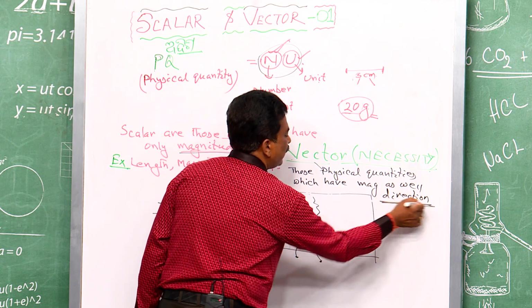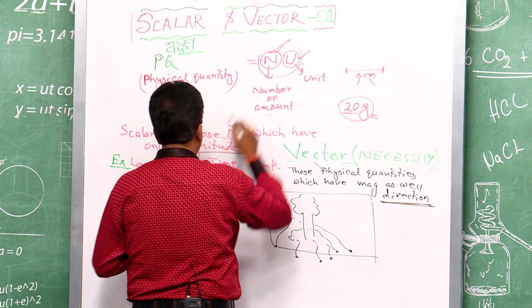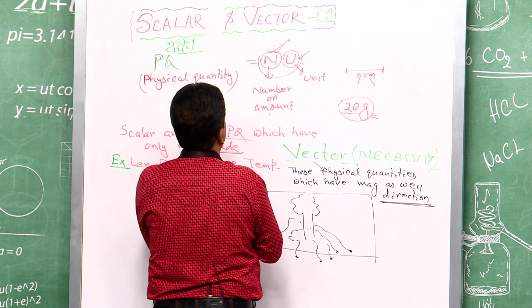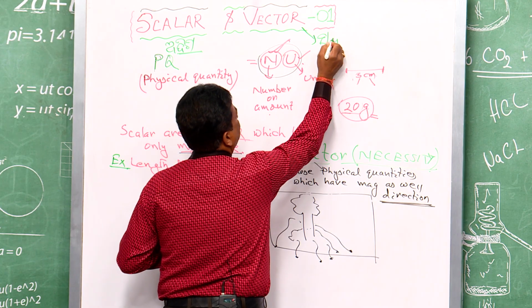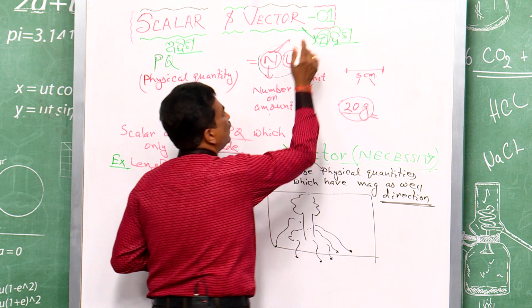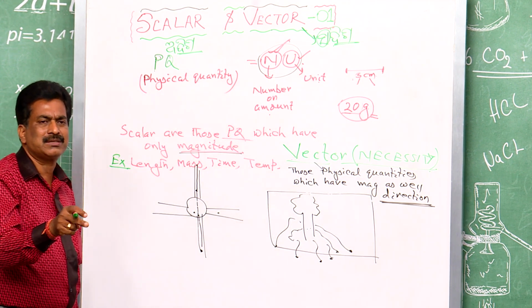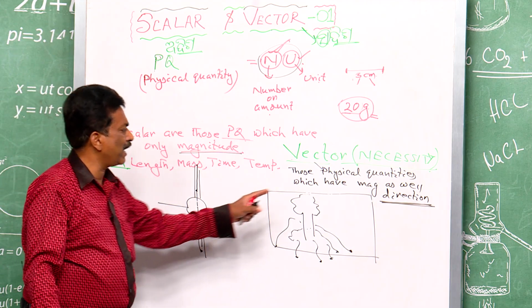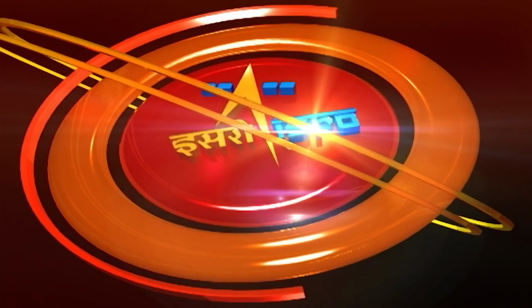In Hindi, the vector is called sadish. Disha means direction, sa means with, sah. So with direction, if the magnitude is there, then that is known as vector quantities.